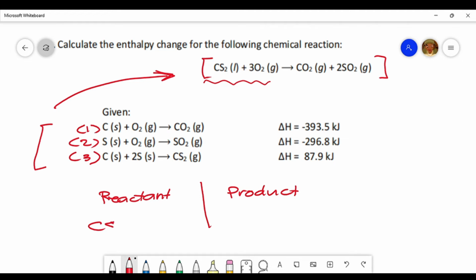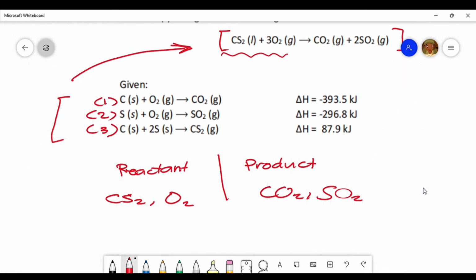We have CS2 and O2 in the reactant, and in our product, we want CO2 and SO2. So from the given formulas, we look at the CS2 here.